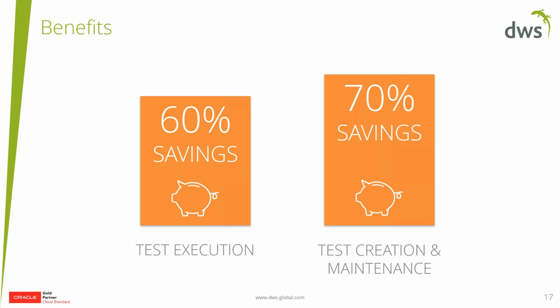So it's really managing those test scripts where people are saving a ton of time. And as we've said before, these are the areas where organizations using this tool tend to see a significant impact right away.